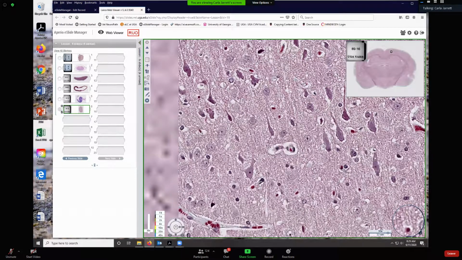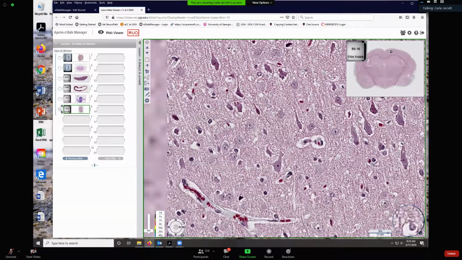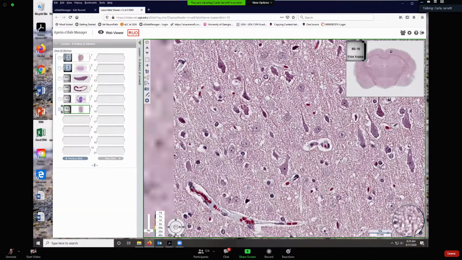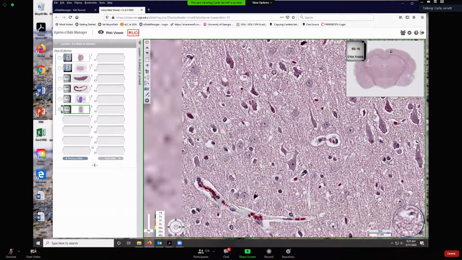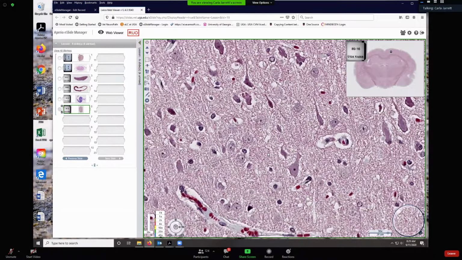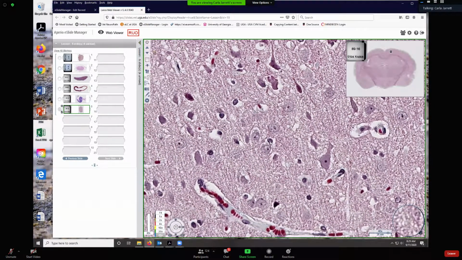Now, one of the glial cells, the support cells that you'll see in the gray matter is the oligodendrocyte. The oligodendrocyte is interesting because in the white matter, it performs a myelination function around the axons, but in the gray matter, it forms a support function to the neurons. And here's one right here, this oligodendrocyte, this glial cell, and it's its nucleus.